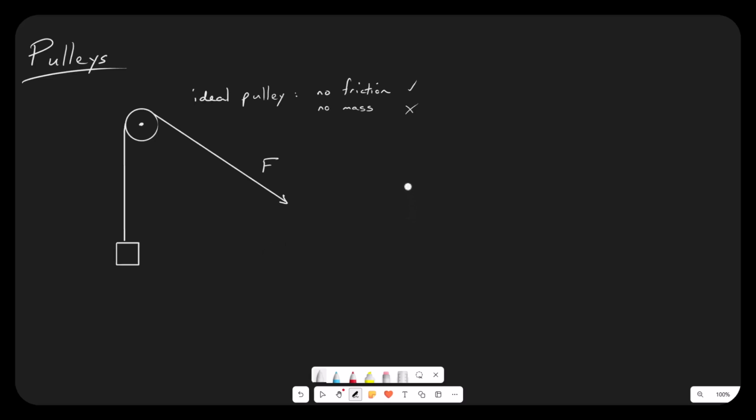So if we have a tabletop like this, and we stick a pulley on it, we can have a block. Let's make sure it hits the top of the pulley.